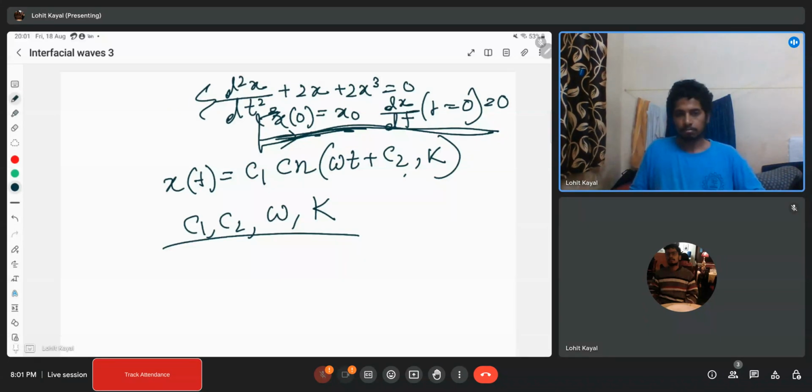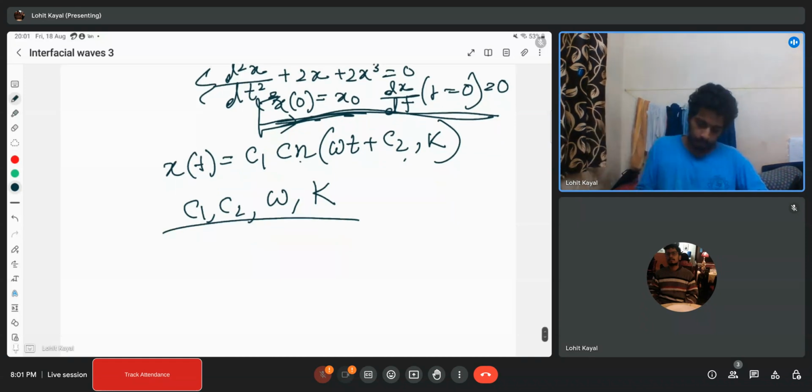Because this is your only known quantity, your initial condition. You need to find c1, c2, omega and k. So how to proceed? The procedure is very simple, you simply need to differentiate this. So this is your whole idea. Now let's do that.